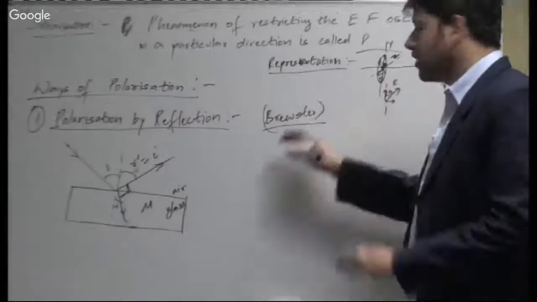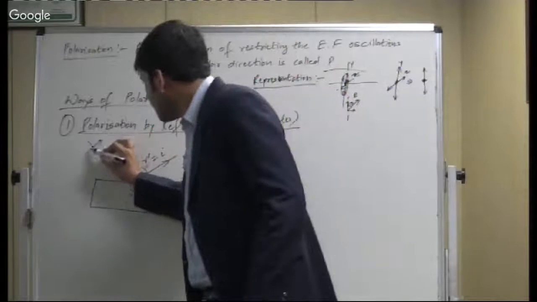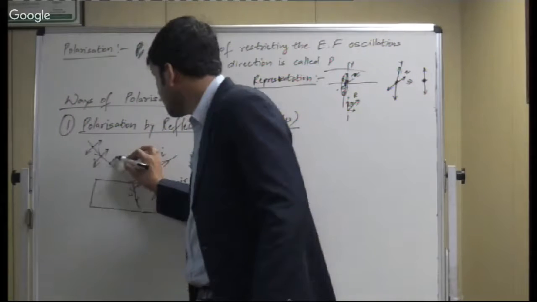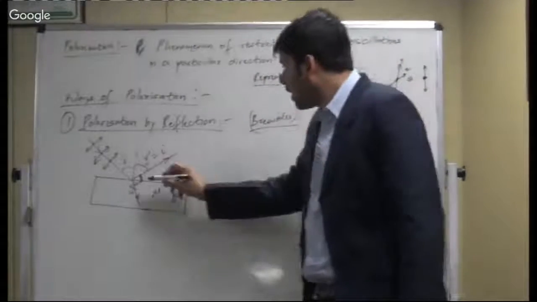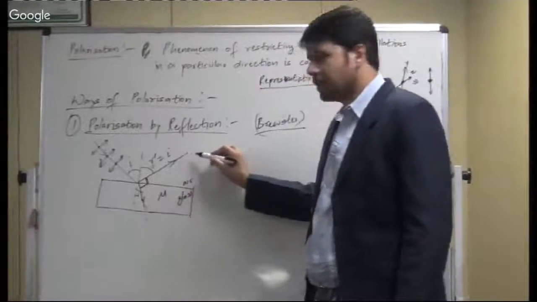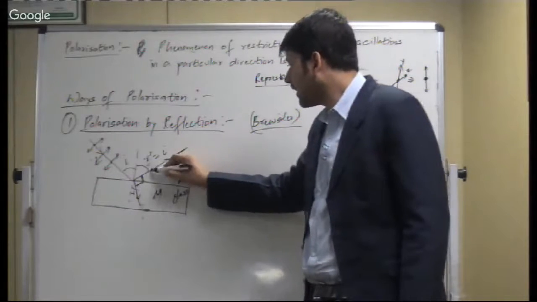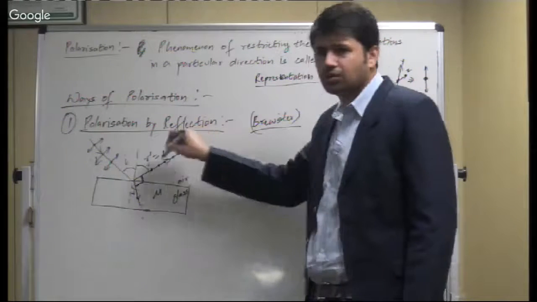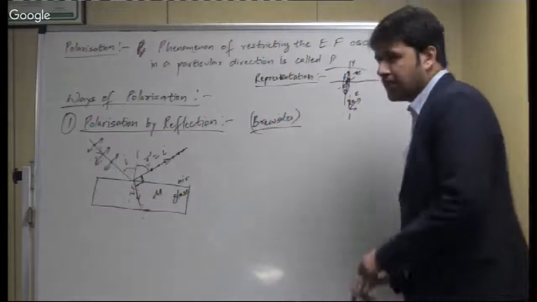So this Brewster experimented. If unpolarized light was incident, a part of it enters and a part of it leaves. The reflected ray has components only into the plane.